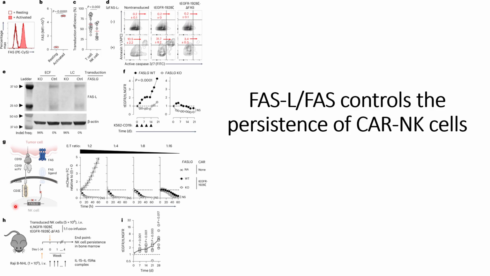Now they wanted to check if they knock down FASLG in the NK cells, whether it has any impact on the FAS. This is similar to what we have seen in the previous videos.